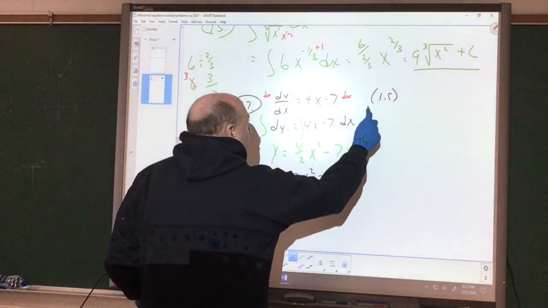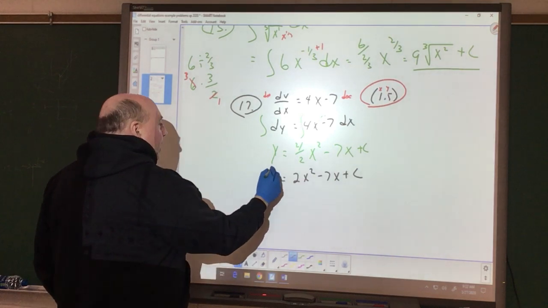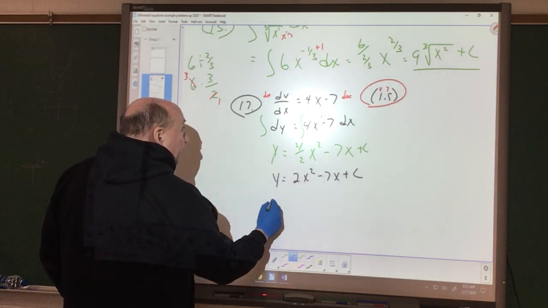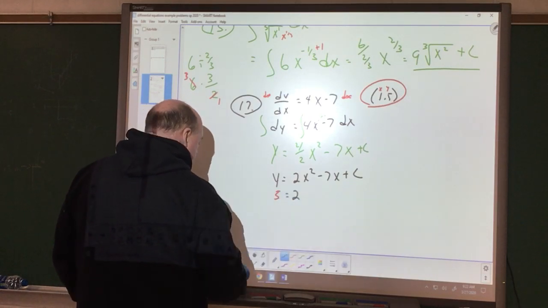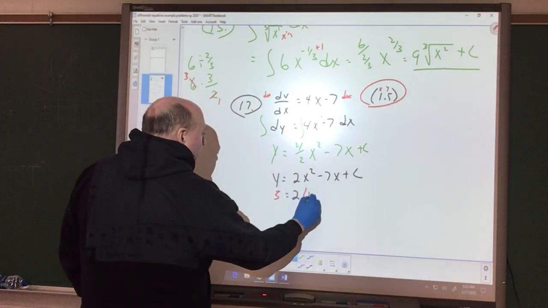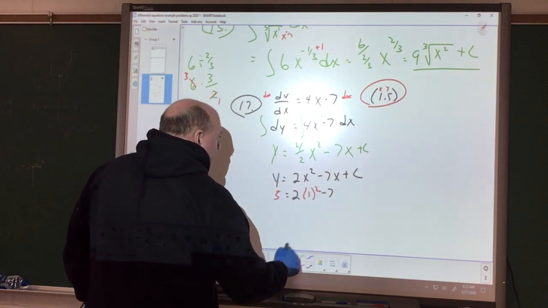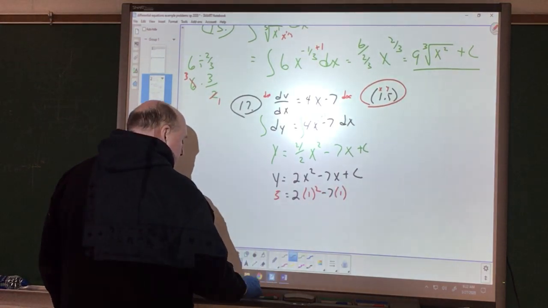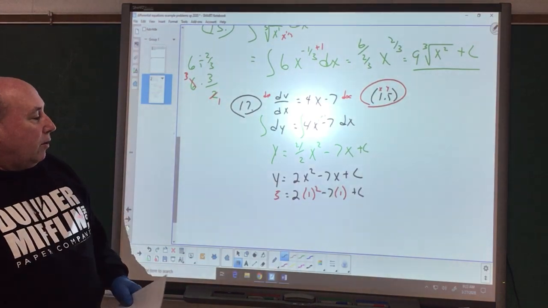We now have this initial condition here. Here's my x and here's my y. So we have 5 is equal to 2 times 1 squared minus 7 times 1 plus c. And now this allows us to solve for c.